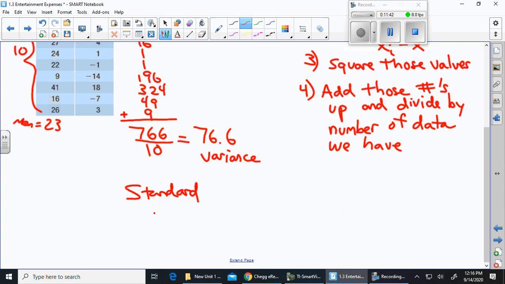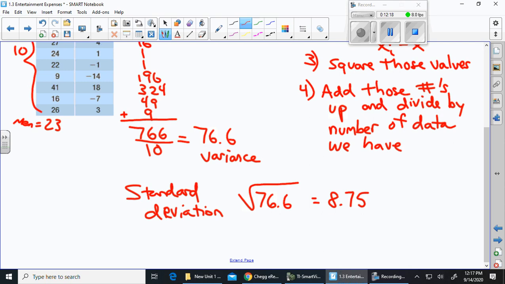In my calculator, square root 76.6, and you'll just round it to about 2 decimal places. So it's 8.75. Now, what does that mean? On average, your numbers are 8.75 from the mean.